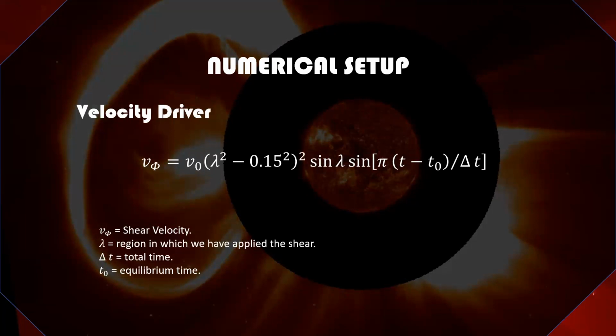Velocity driver means, as I discussed, that in the case of a multipolar scenario we have applied the shear at the base, which results in the flux rope formation. This velocity driver is sinusoidal in time as well as along the latitude. This delta t is the typical time for which we have applied this velocity driver.